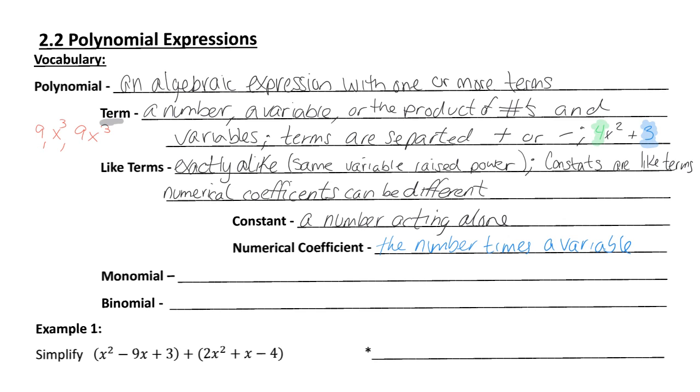So let's talk about monomials. Think about what the root word mono means. So in case you don't know what mono means as a root term, it means 1. Okay, so that's why it's a polynomial with one term.